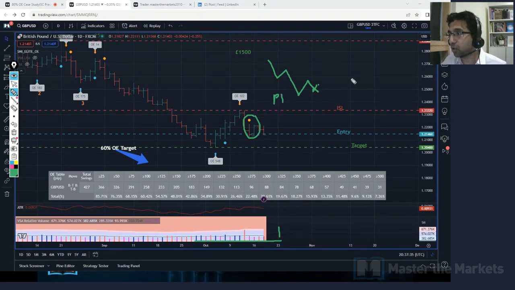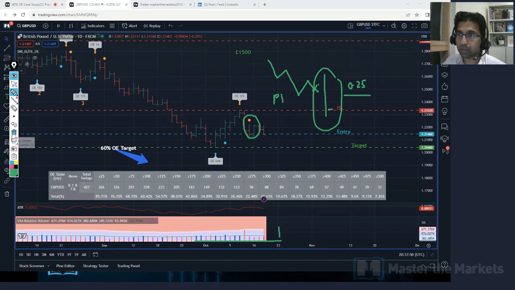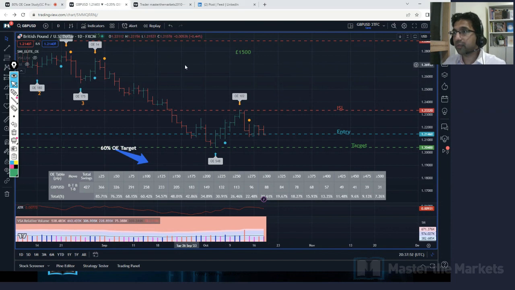And if that dot has got an oversized bar, and you've got to define what an oversized bar is, then perhaps you may reduce your risk, or you may not even trade it at all. So that's some of the exceptions that you can take a look at.